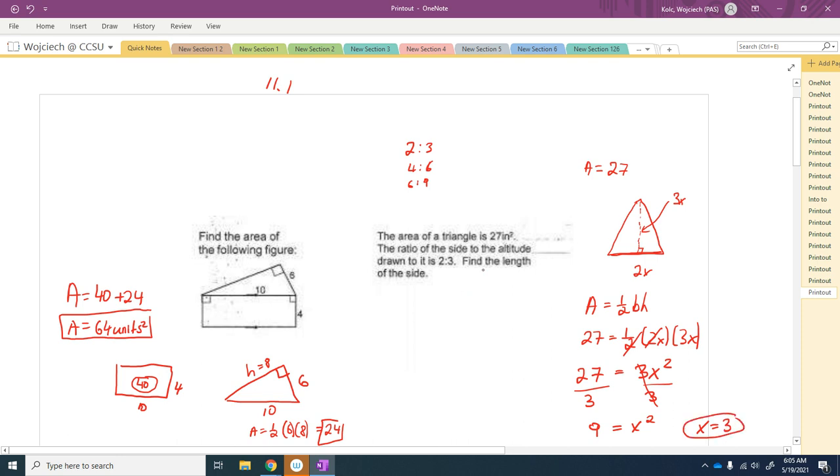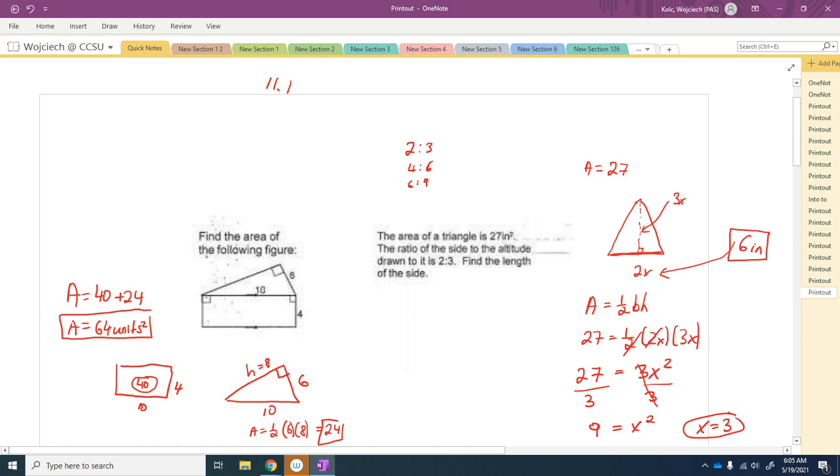So the question was, find the length of the side. The final answer would be 6 inches. Let's see if this makes sense.